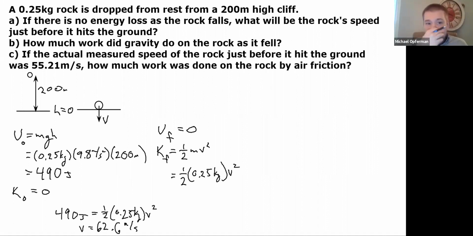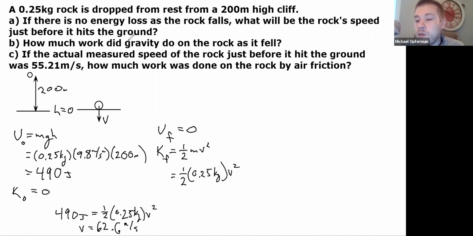Okay, so that's kind of the review part. Now, the new stuff. Part B, how much work did gravity do on the rock as it fell? All right, so the first thing I would do is think about this conceptually and decide whether you expect this to be positive or negative, okay? As the rock was falling, was gravity putting energy into the kinetic energy form, or was gravity removing energy from the kinetic energy form?